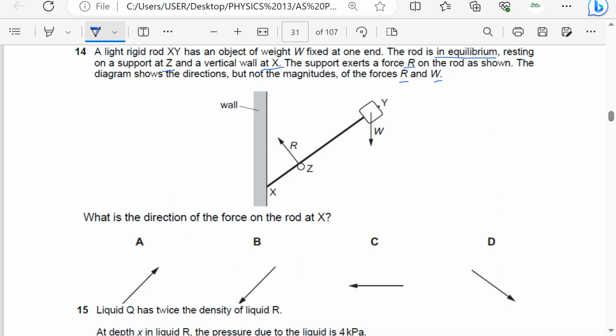That is very important for us to note, because if we take moments at X, the torque caused by R should be greater than the torque caused by the weight. Reason: R is closer to this point.